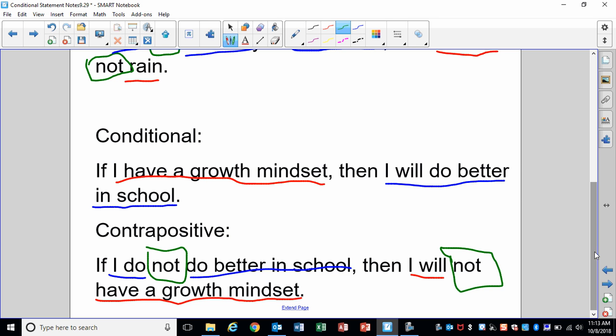An example of that is, I will not go with you. Taking the negation of that would be, I will go with you. So I removed not. So we can remove or add the word not when we are making a negation.